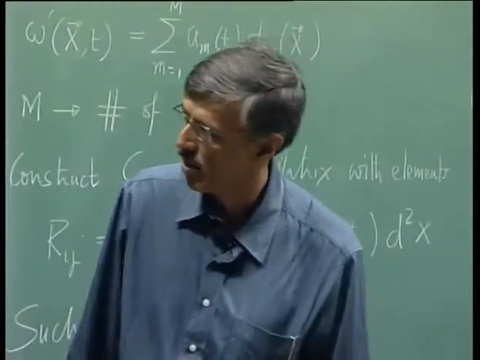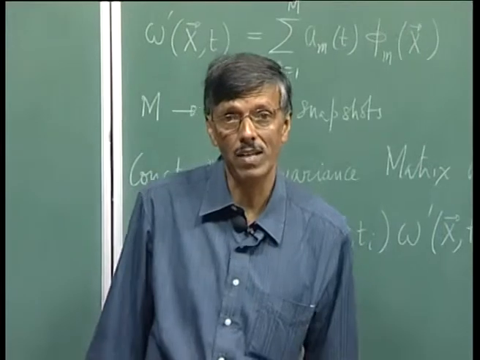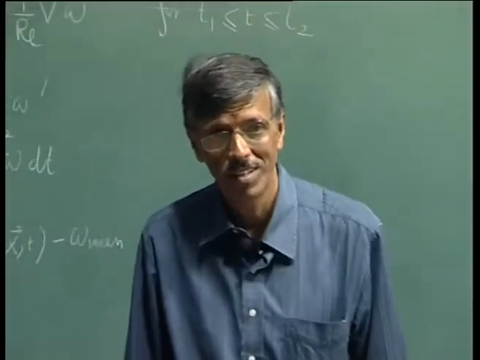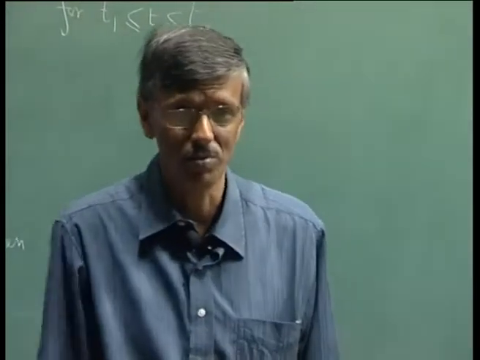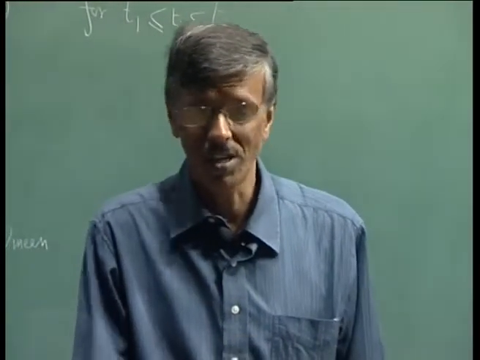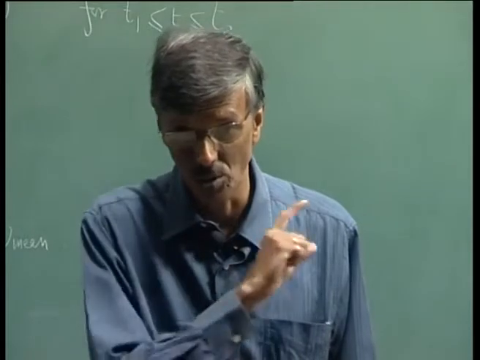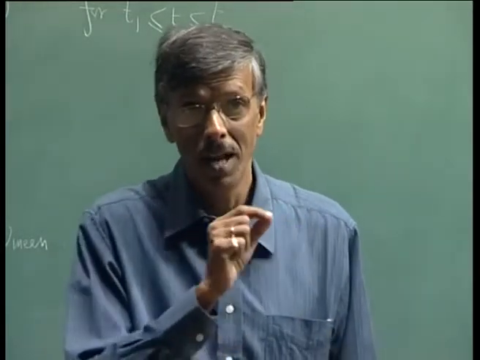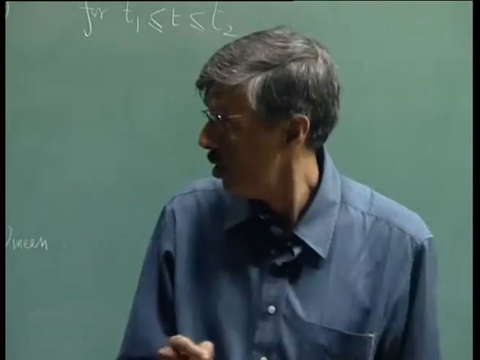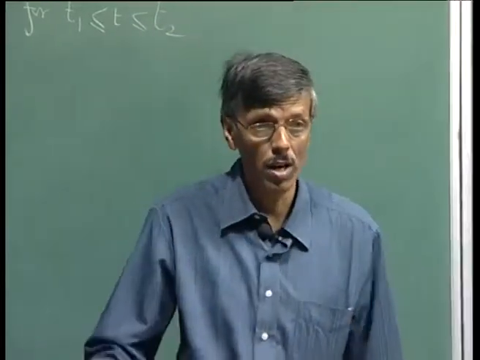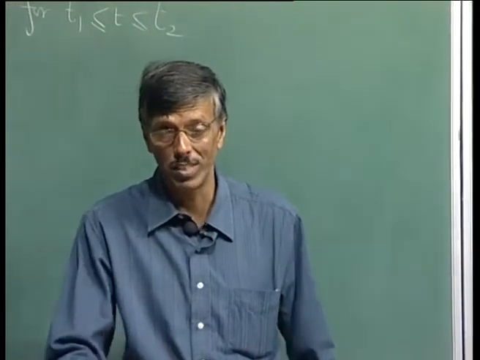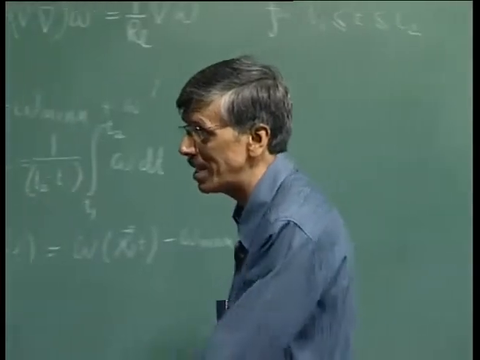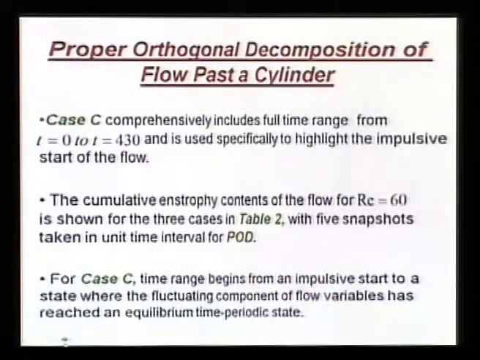This is significantly different from what people have been doing before. Even when we did some POD studies for bypass transition, as I showed you earlier, looking at vortex induced instability by aperiodic vortices, we took only about 10 or 20 snapshots in an interval of 10. But here we are talking about taking 5 snapshots in unit time interval.